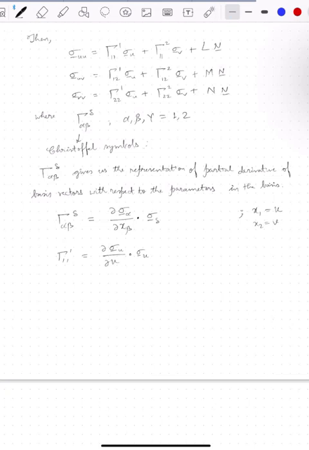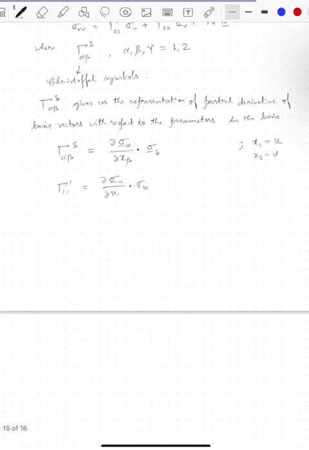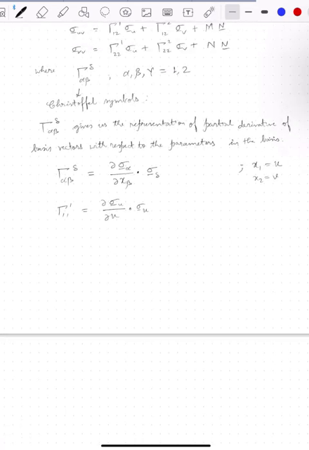So that's how we define Christoffel symbols. Of course, I'm not going to derive it here in detail, because from this expression it is not very difficult to derive it. So what we will do here is give the expression in terms of the first fundamental form.